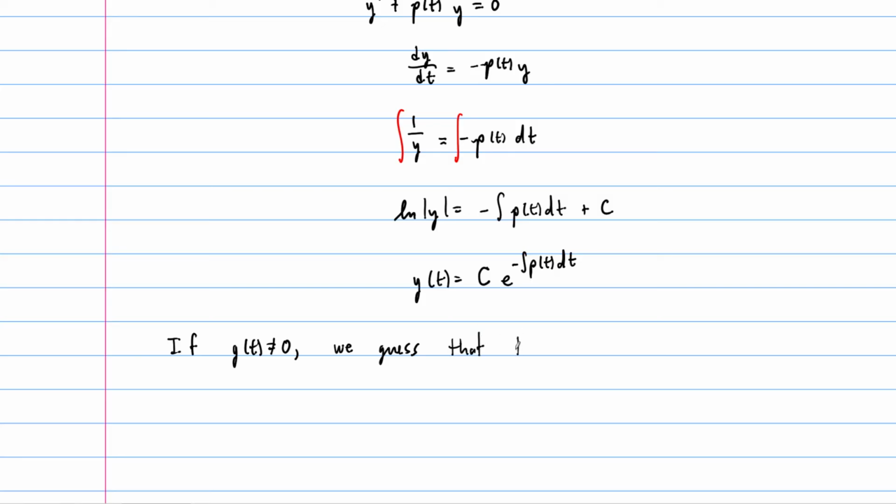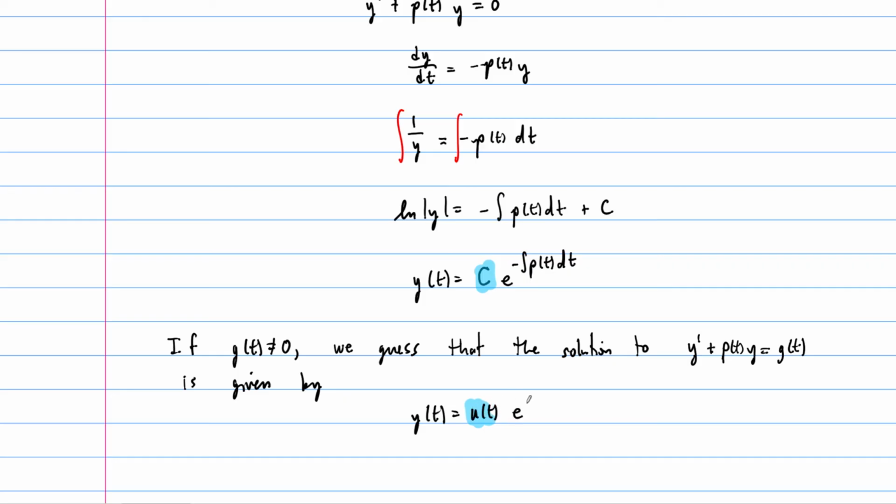We guess that the solution to this equation, y prime plus p of t times y equals g of t, is given by this. So y of t is going to equal, I'm going to swap out this constant with a function. All right, and I'm going to call that function u of t.